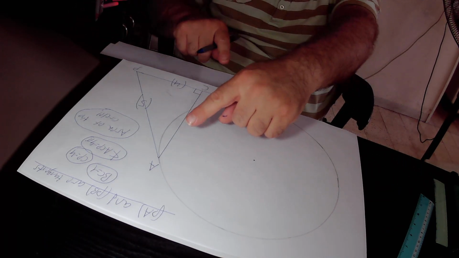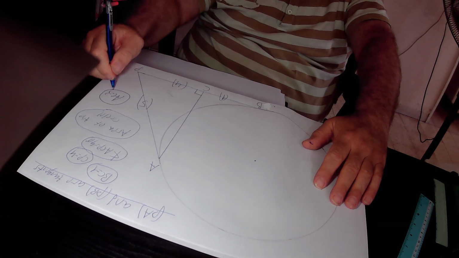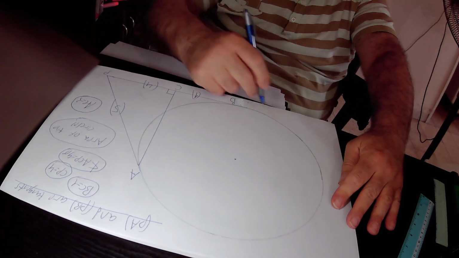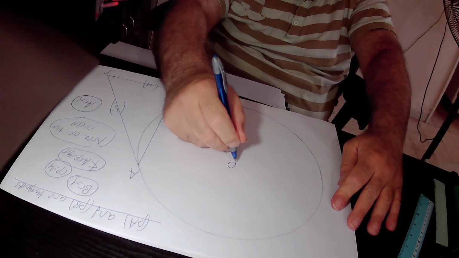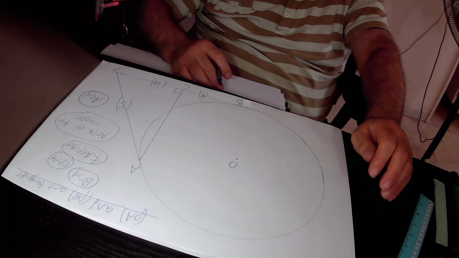So here AC equals 3 units. In the next step, we define the center of this circle. This point is point O. And we also define the radius of this circle as x.